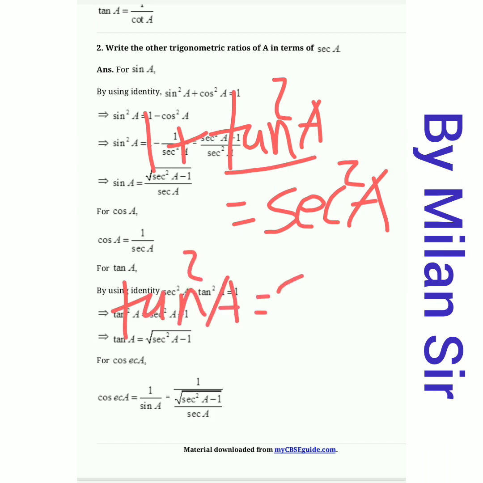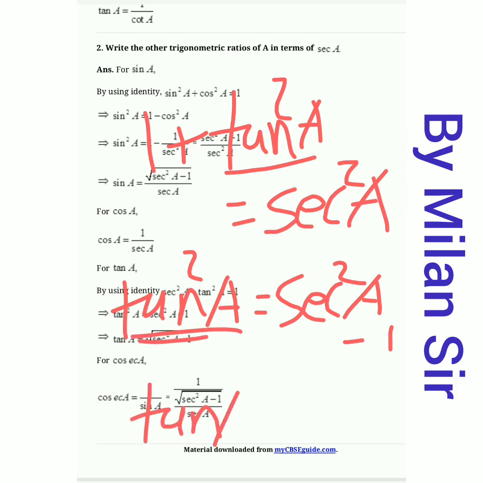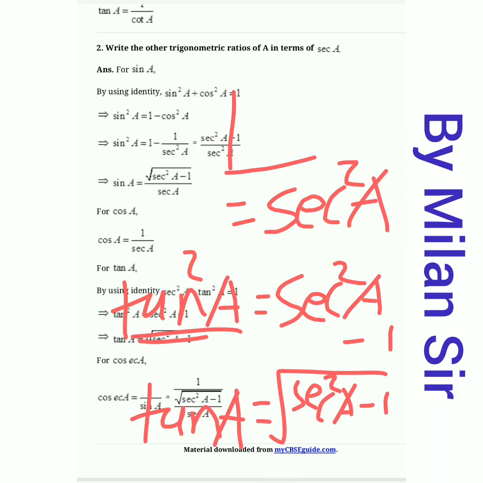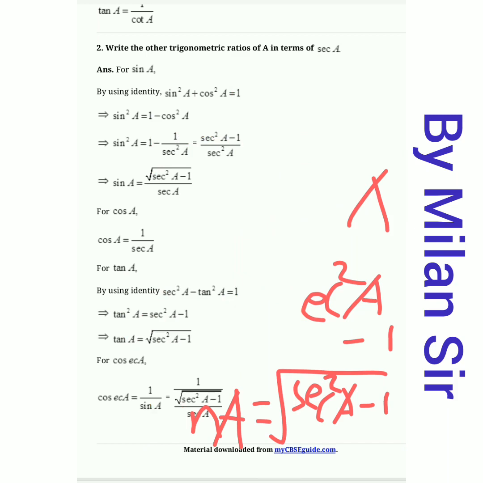Sec square a is already present, and plus 1 transferred to the right hand side becomes minus 1. After that, we are finding tan a, so just take the square root. So tan a is equal to the square root of the right hand side, sec square a minus 1, right? So tan is also easily converted into sec: under root sec square a minus 1.